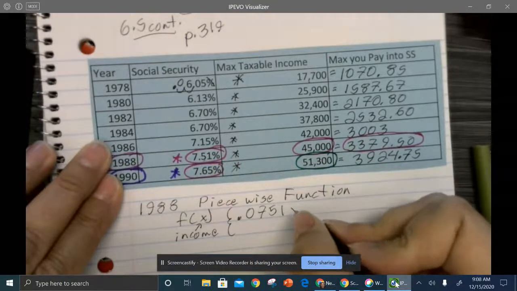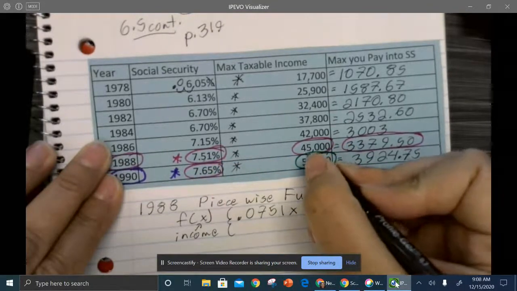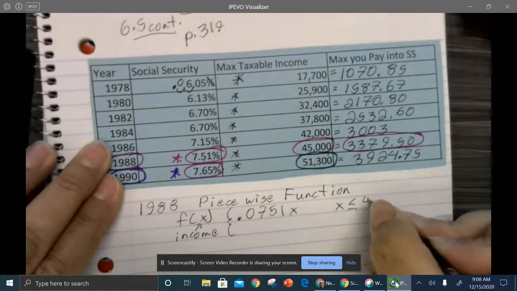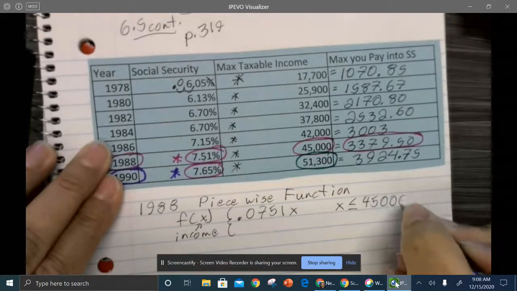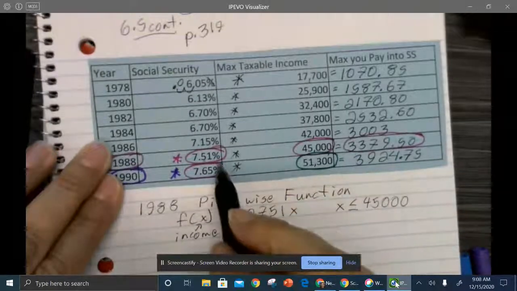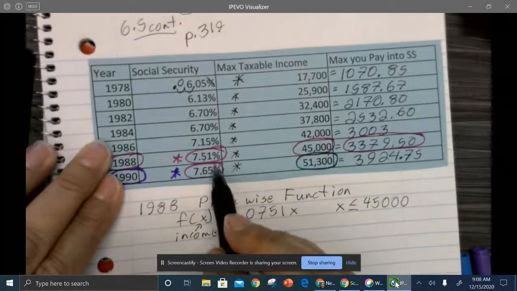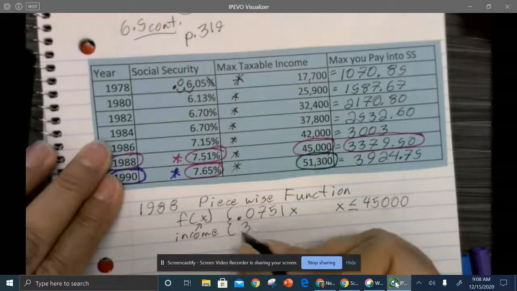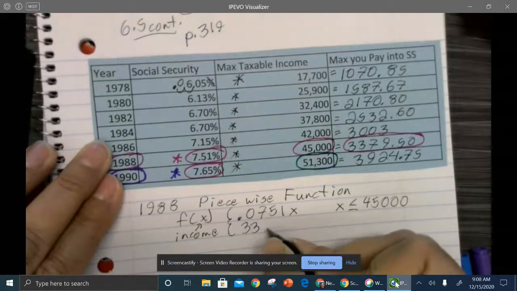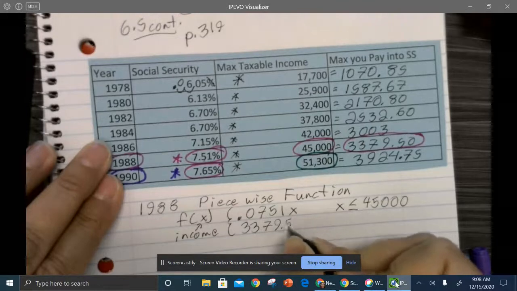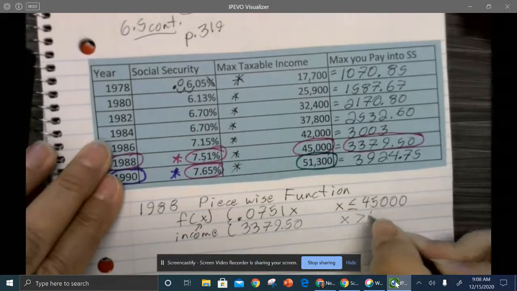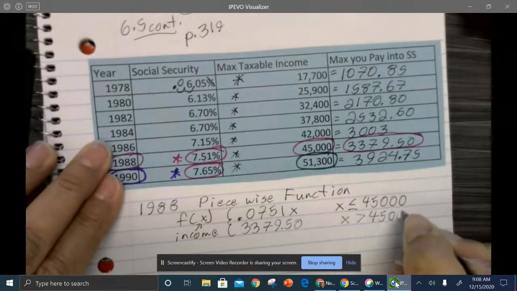Okay, x, 45,000 is a limit, so when the income is less than or equal to 45,000. Okay, so we multiply the percent as a decimal times 45,000, and we get $3,379.50 when the income was more than 45,000.